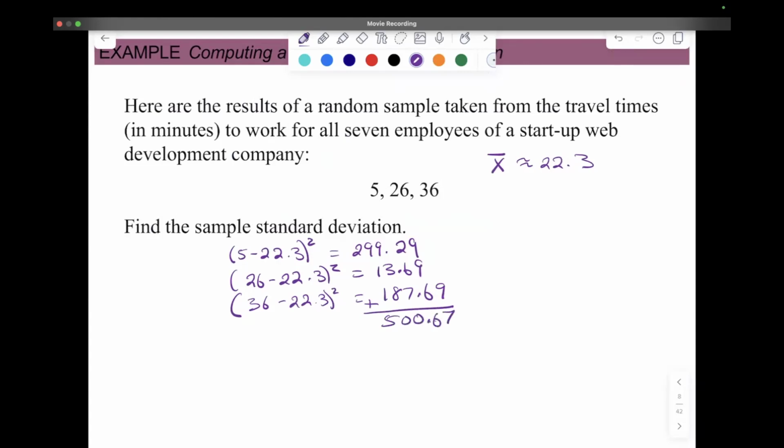Now we're going to take 500.67 and divide it by 2, because 2 is n minus 1. If it helps you for your notes, you can do 3 minus 1, just so that you're knowing that that's n minus 1.